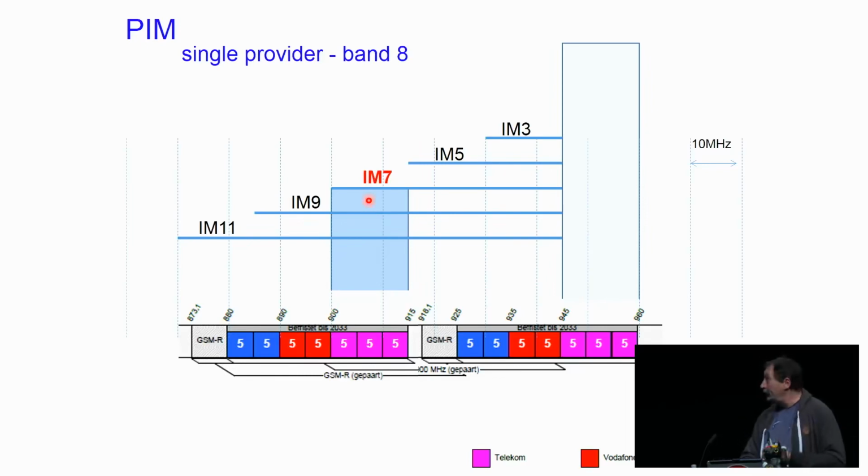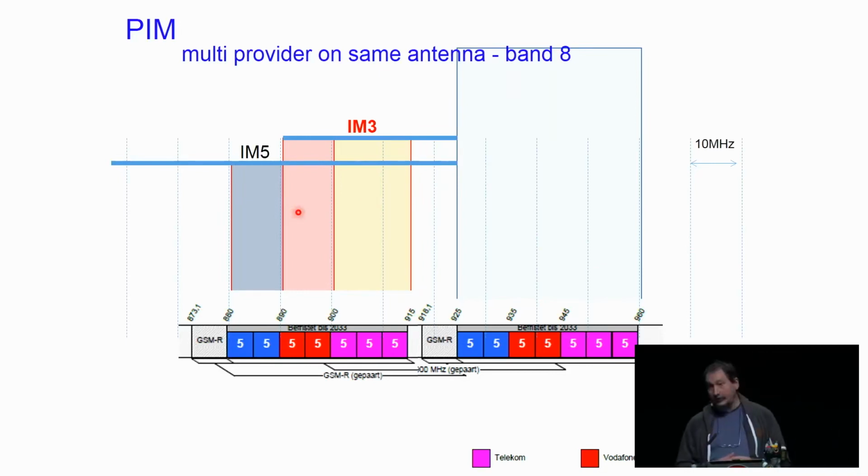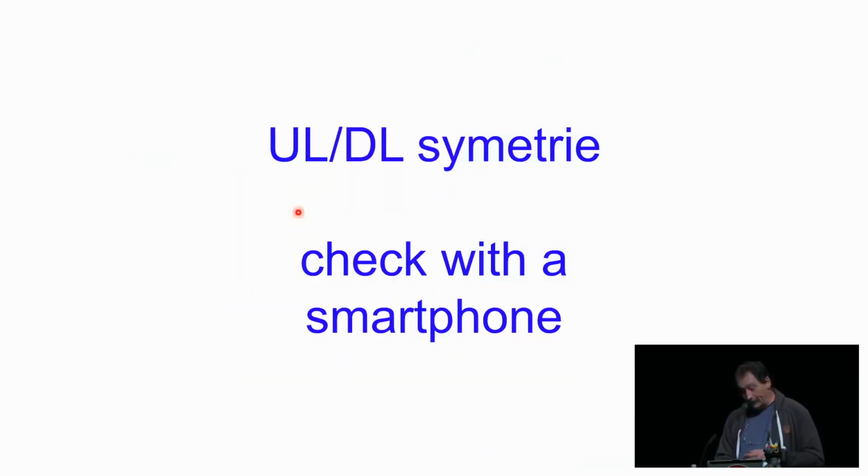It's a bit weaker than IM3, but if I look at the multi-provider antenna, this looks different. We have frequencies from different providers which can mix, and the telecom receives the interferences of other providers. It's a bit of a risk with multi-provider antennas.